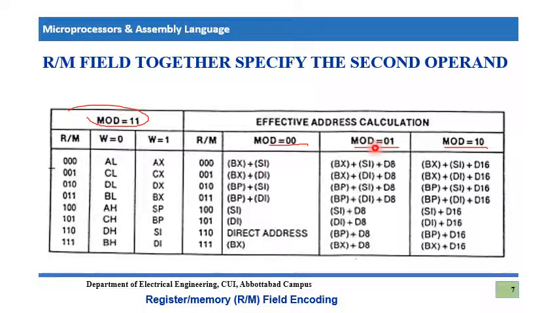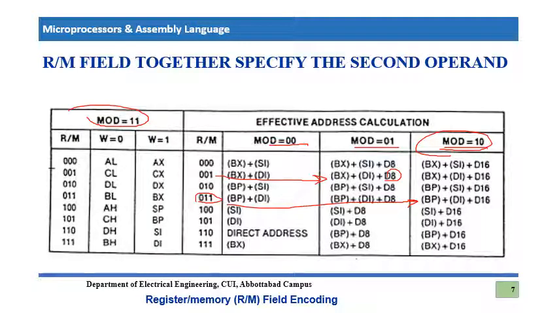If mode is 01, then 001 will correspond to base plus destination index plus D8, since it is an 8-bit displacement. Similarly, for r/m 001, if we are considering mode 10, this will refer to base plus destination index plus D16, which is a displacement of 16 bits.